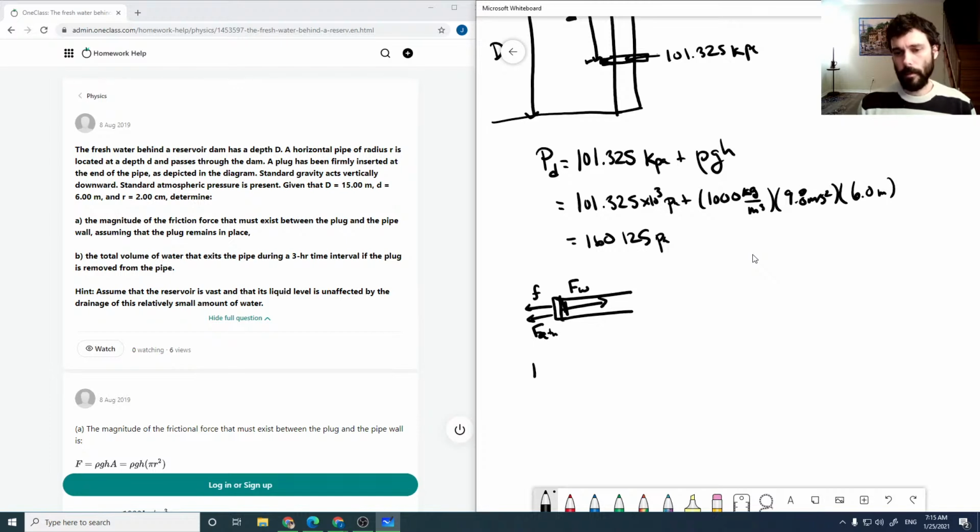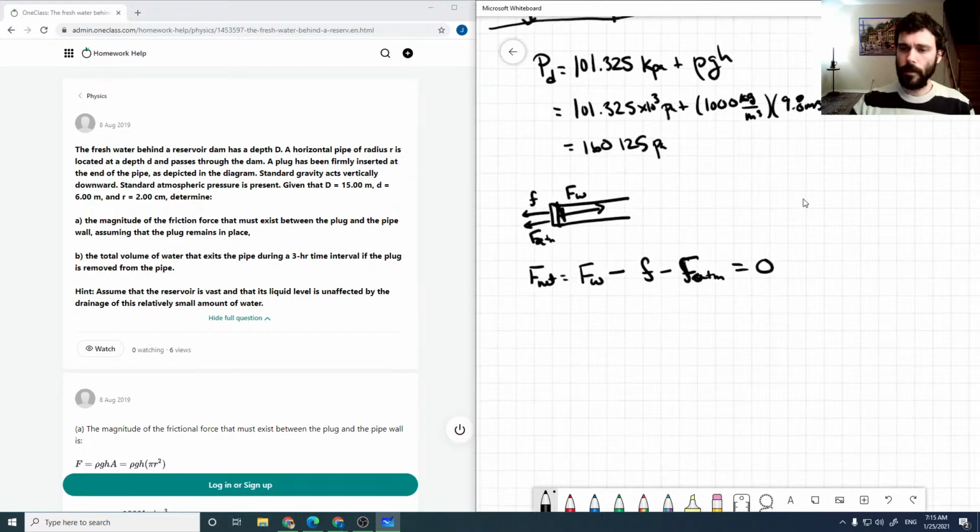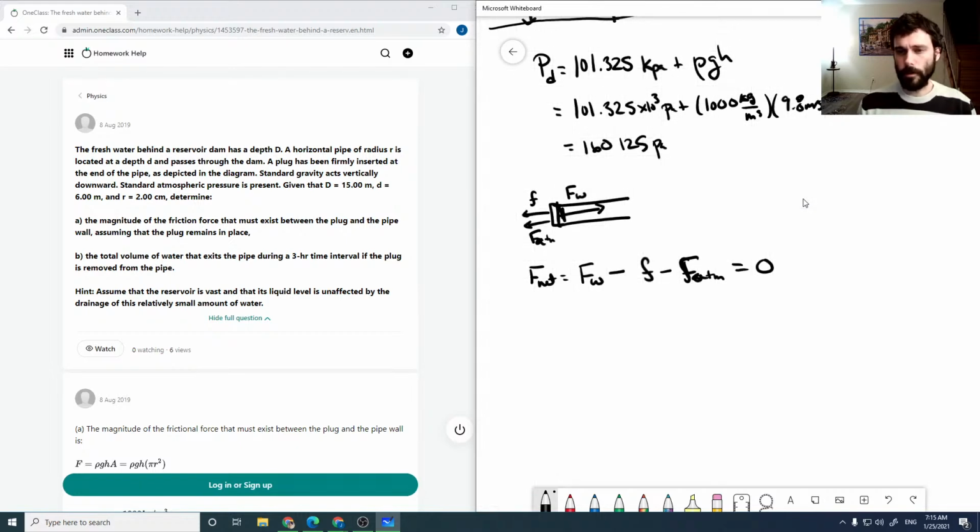Then F net is equal to the force due to the water minus our frictional force minus the atmospheric force, which is equal to 0 as it's not moving.